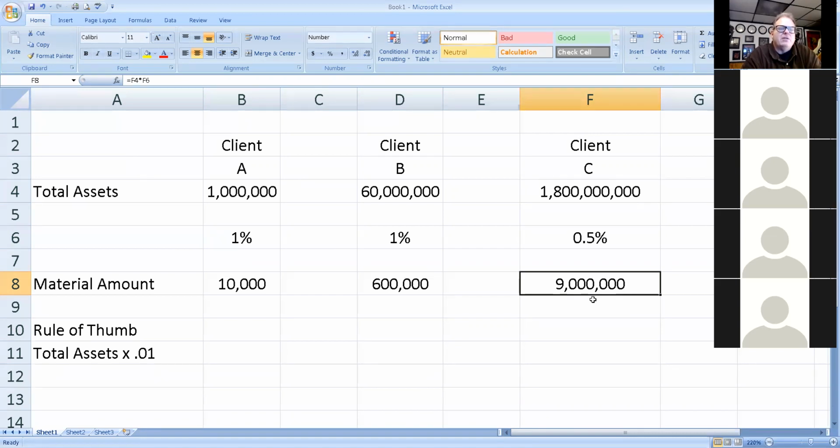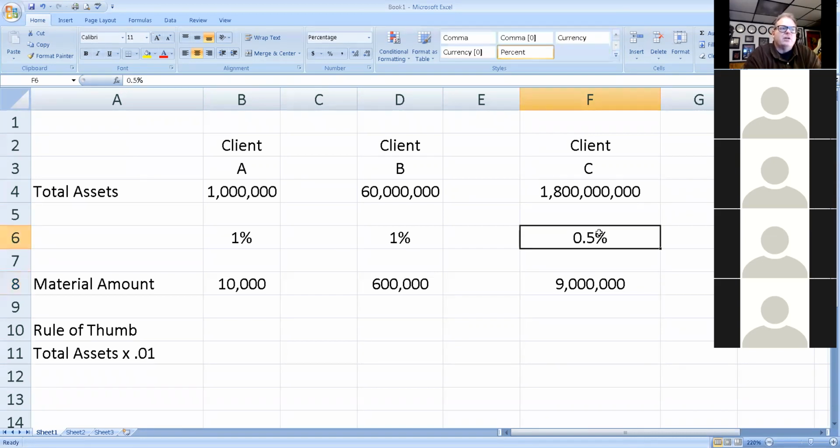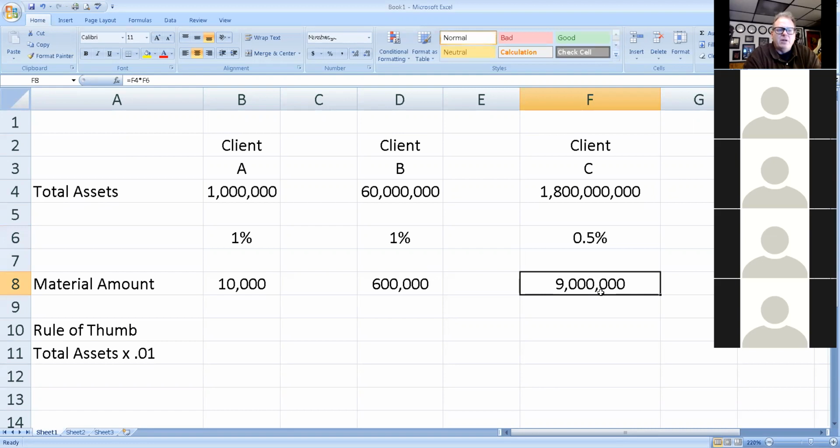And so they will generally use a smaller amount as material. So if they're misstated by 9 million, if they did 1%, it would be 18 million, but they say, okay, we're going to go down to 9 million because we don't want to have to go into court and have to defend it. The numbers just become so large that a lot of times they'll do that.